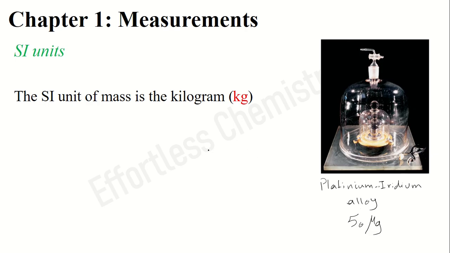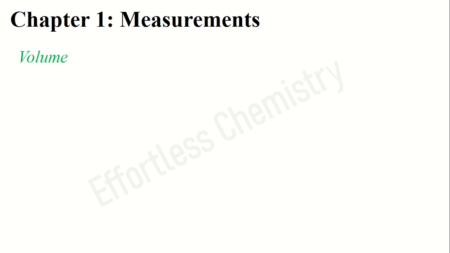However, let's come back to my sentence. The kilogram is defined in terms of platinum iridium alloy. In chemistry, however, the smaller gram is more convenient for these units. The SI unit of length is the meter, I told.